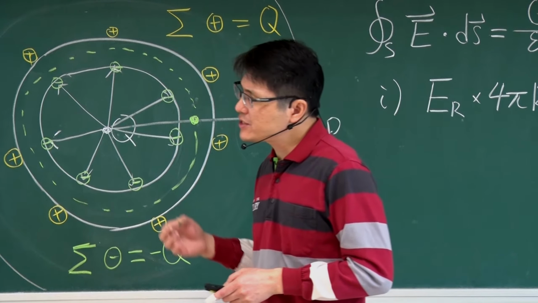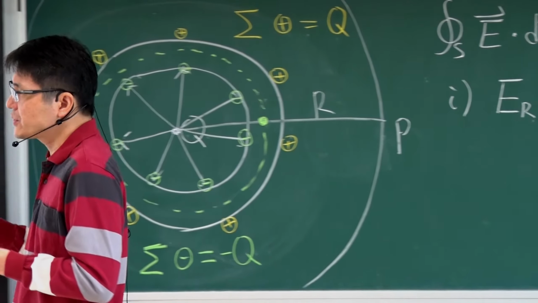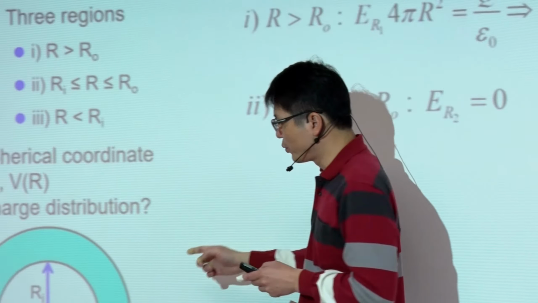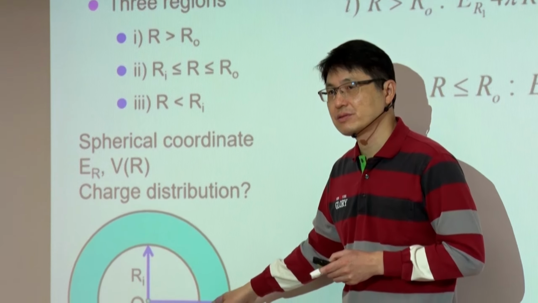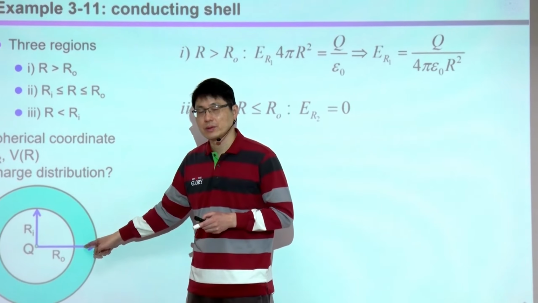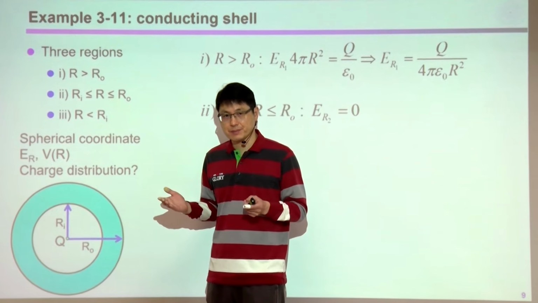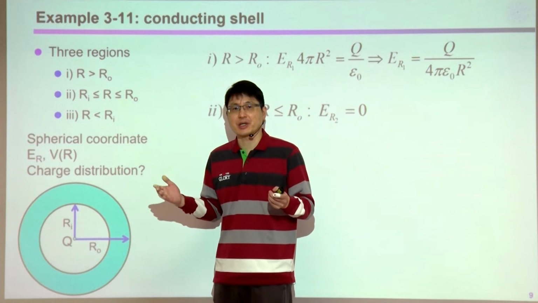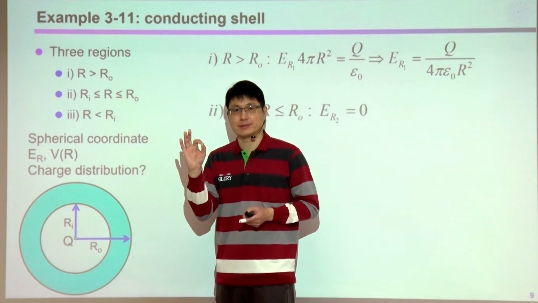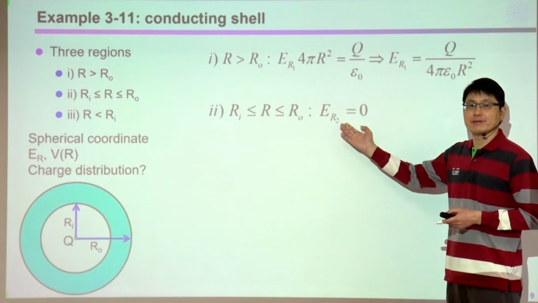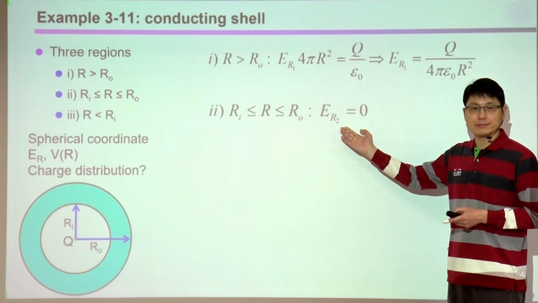And this tells you, well, Gauss's law tells you, as long as you are within the metal, you don't have net charges. Well, the net charge sums up to 0. And therefore, you don't have electric field.